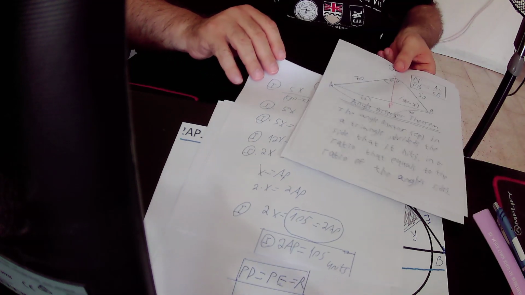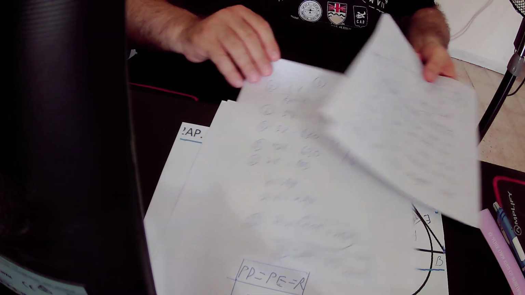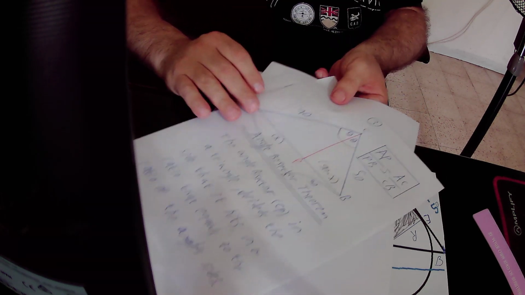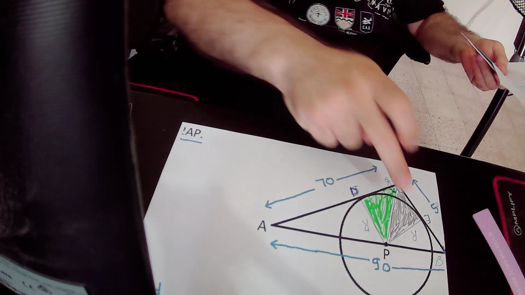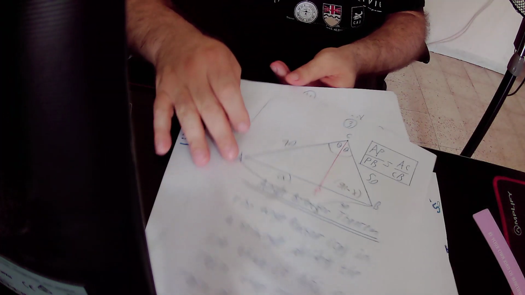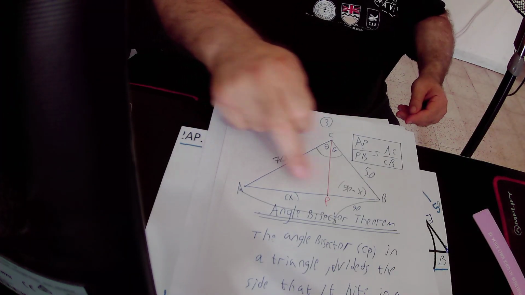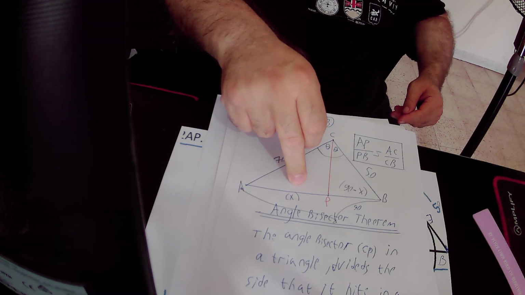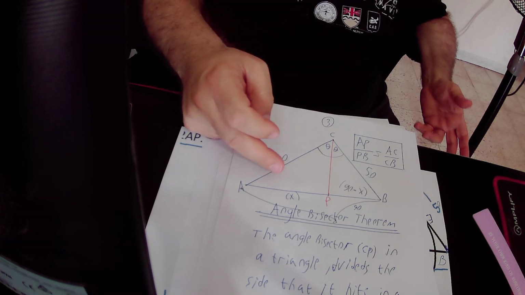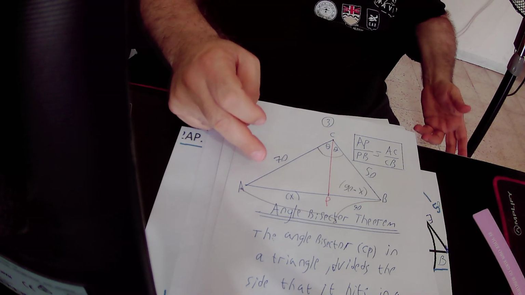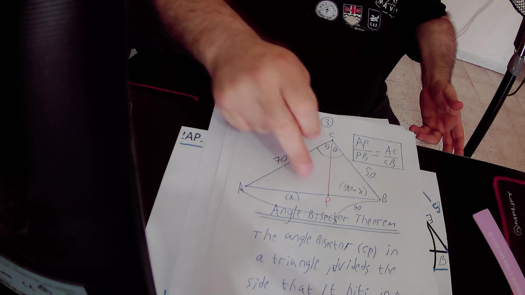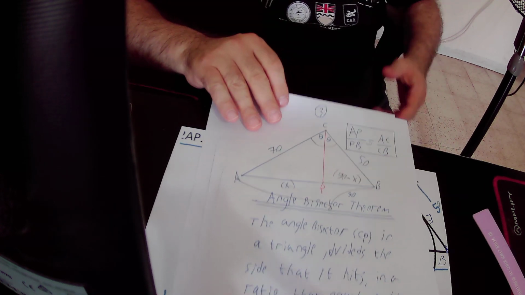Actually X equals AP. As you can see, we defined that AP equals X, so 2 times AP equals 2X, and we found out that 2X equals 105 units. So 2X equals 2 times AP, and 2 times AP equals 105 units.